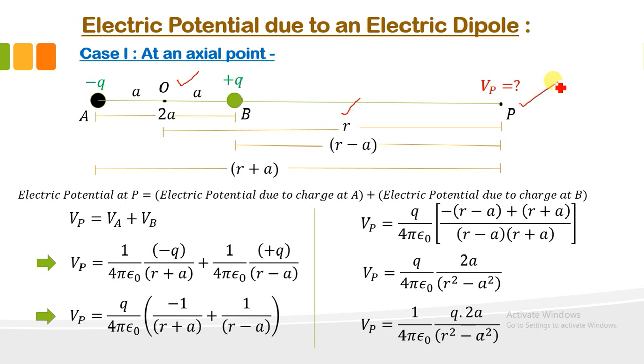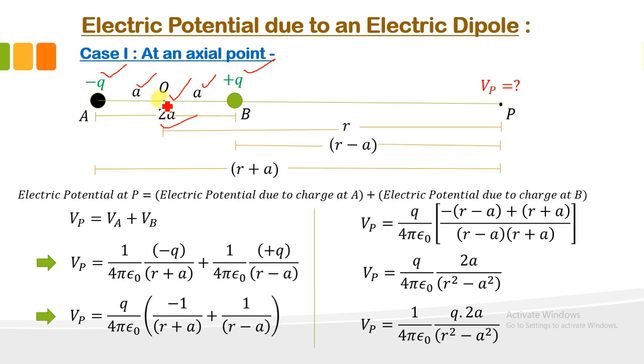So at this axial point, the distance from the dipole center O is r. Here electric potential is to be calculated. Once again, let's start. This is minus q and plus q at A and B, and the separation is 2a. Its center is O. A to O is a, O to B is a.